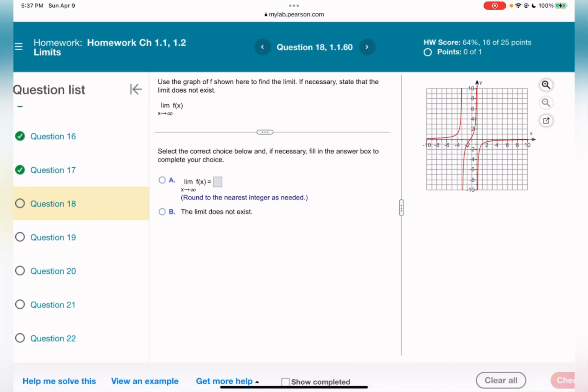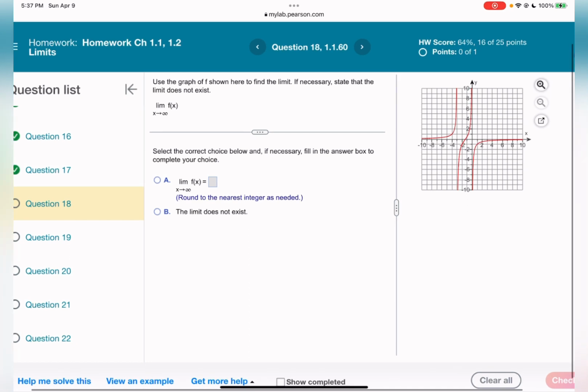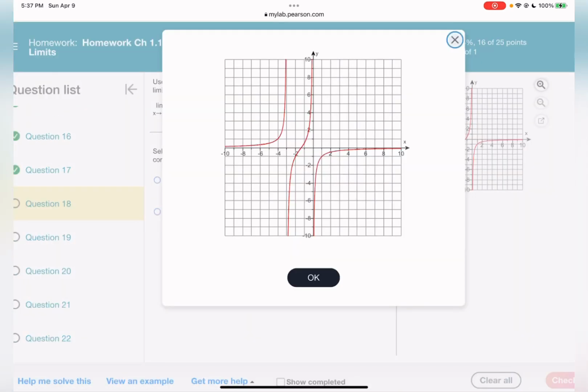X approaches infinity. Okay, this is an interesting case. X approaches infinity, that means it's going to the right all the way. When it approaches infinity, what do we have? The very right side of the graph is approaching 0, right?